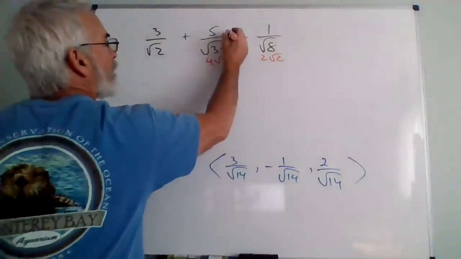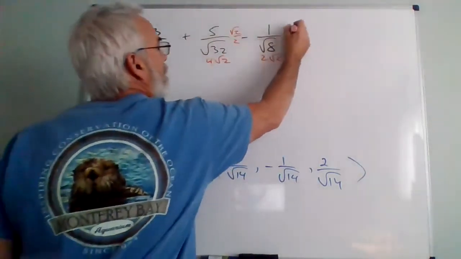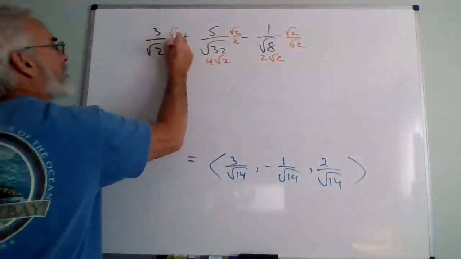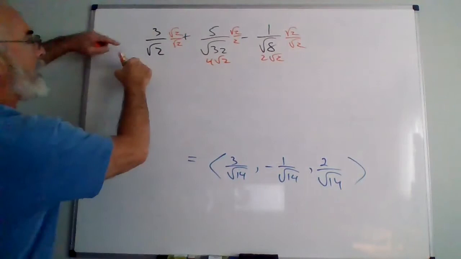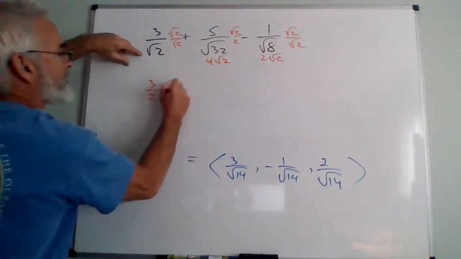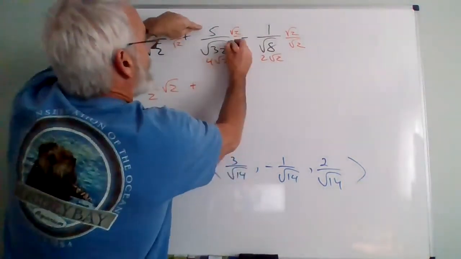So if I multiply top and bottom here by root 2 over root 2, and I do the same thing here, then this will become 3 root 2 over 2. No, it'll become 3/2 root 2. That's rationalized. Plus, sorry, that's root 2.